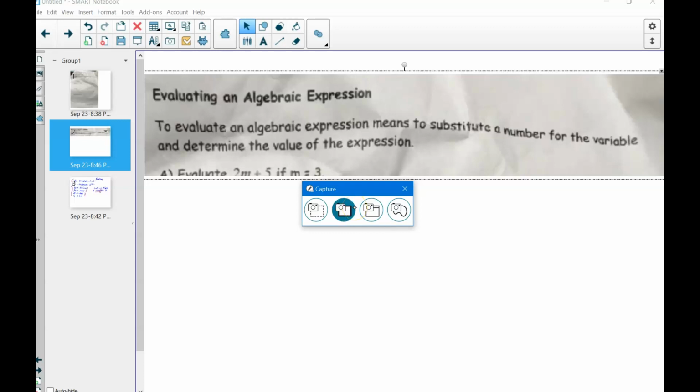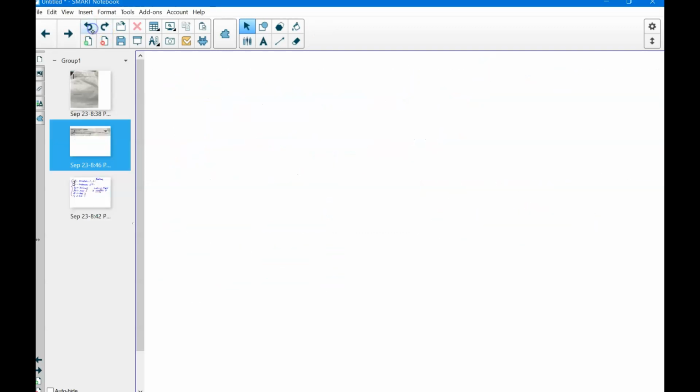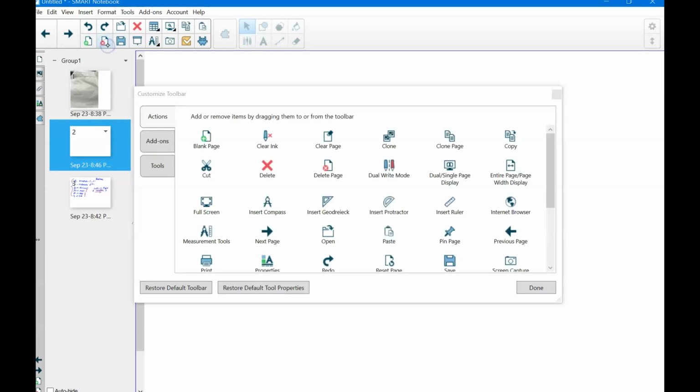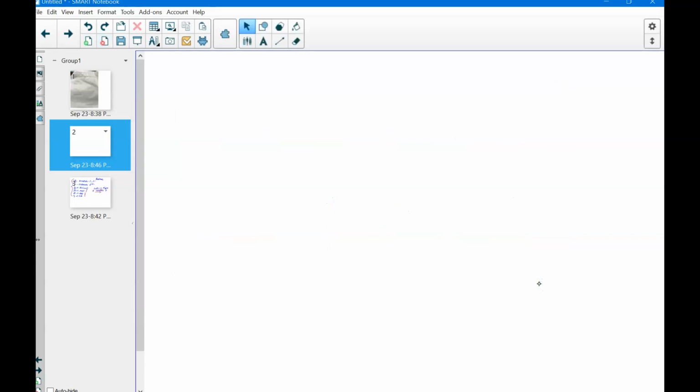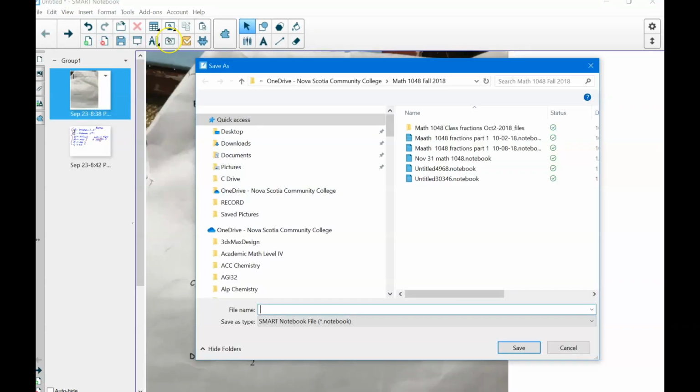Oh, that's pretty bad. Try that again. Oh, stop. Let's try that again. Oh, stop doing that. My computer's acting funny today.